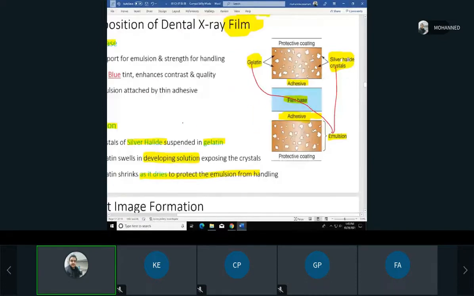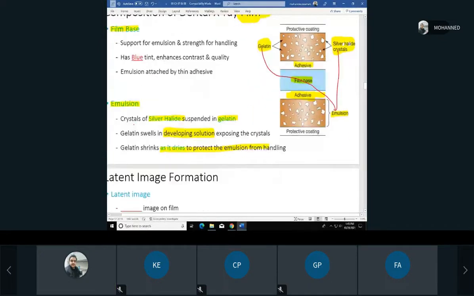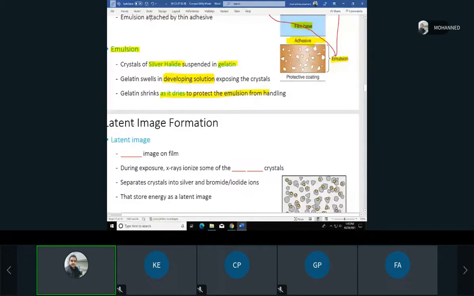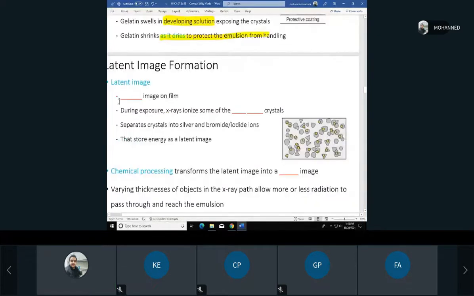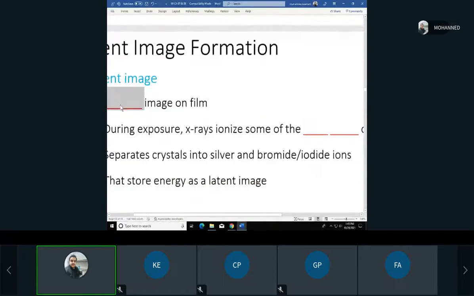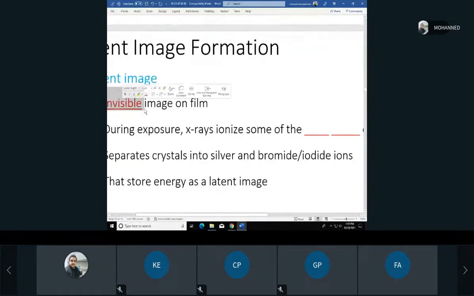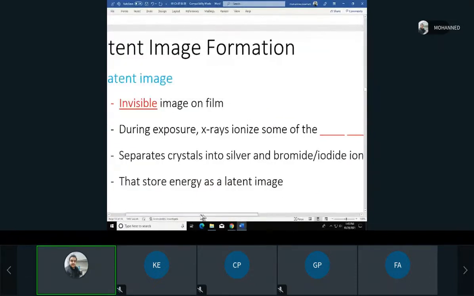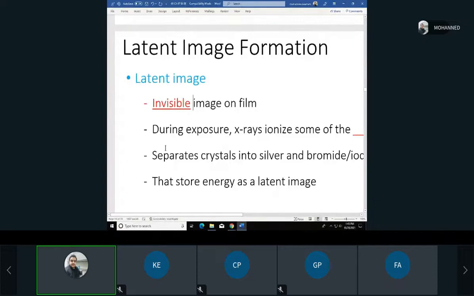Let's see how this will work. The latent image formation. Technically, when we say latent image, we mean an invisible image on the film. So when you expose an X-ray, before you develop it, I think you might not be able to relate as much because you're using digital.